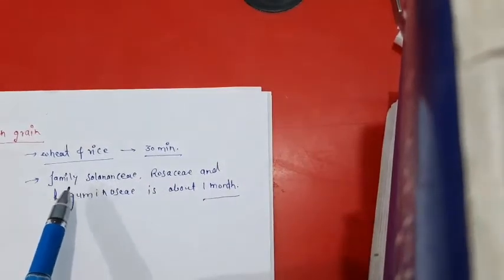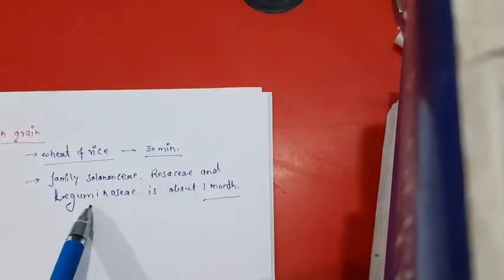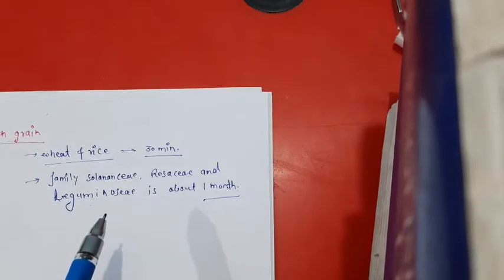Means the viability of pollen grain of the families Solanaceae, Rosaceae and leguminous is about 1 month.